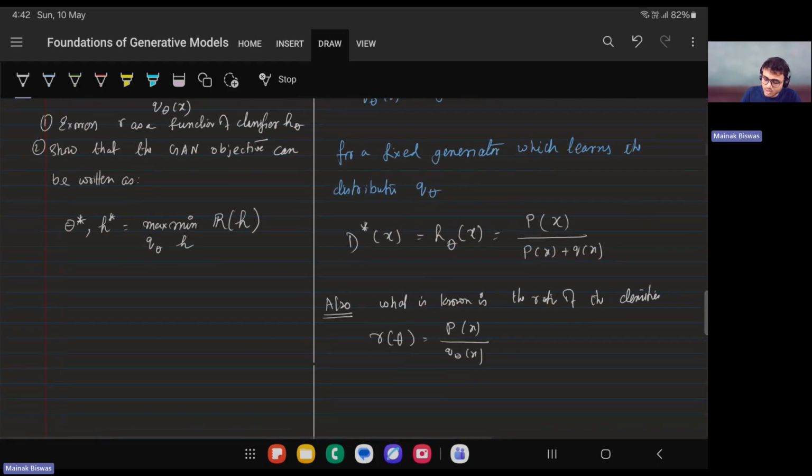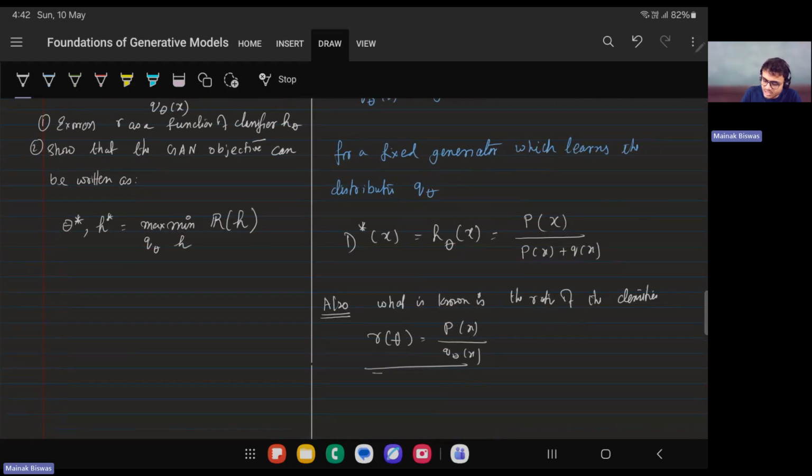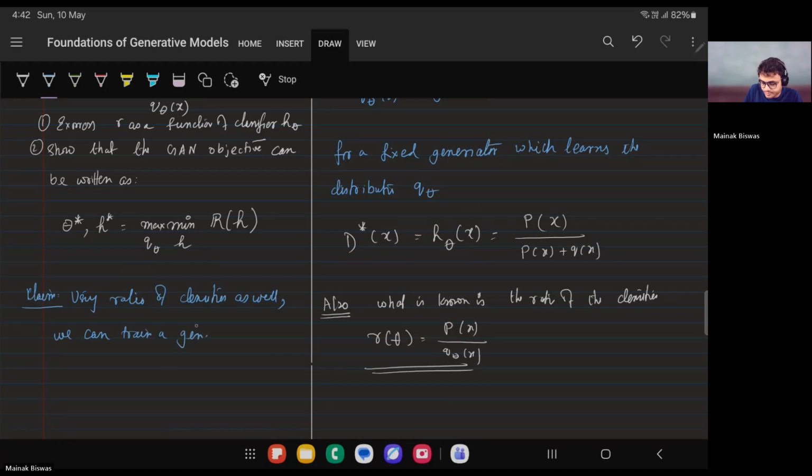Then it's very simple. The claim is that using the ratio of densities as well, we can train a GAN, a generative adversarial neural network.